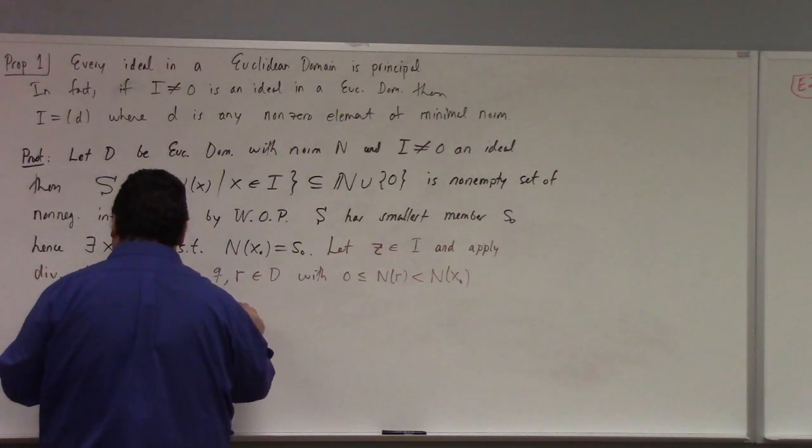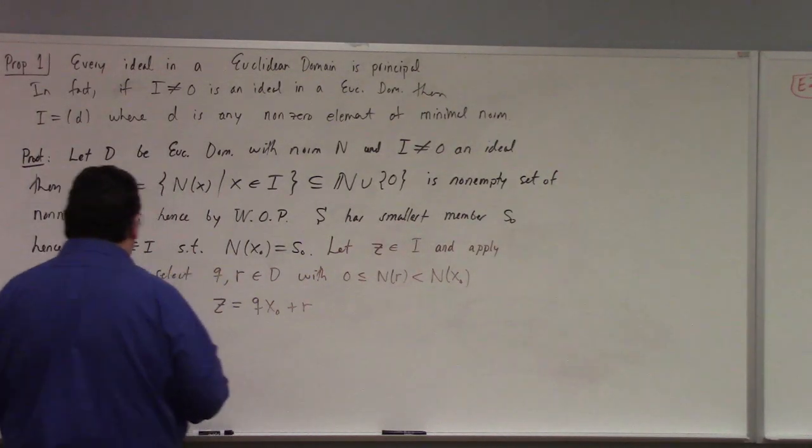And of course we've got z is equal to q x naught plus r.